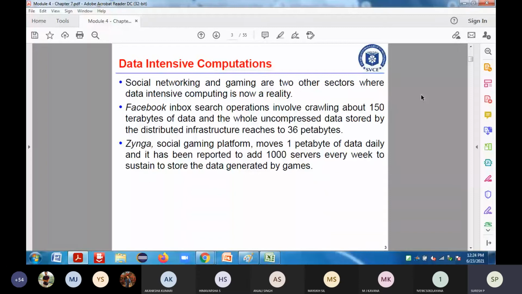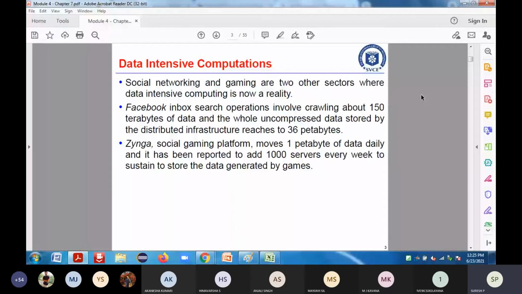Even 150 TB is not sufficient, because when you are doing computation, more and more data will be generated. For example, I repeat the same example again and again; I don't know whether you have remembered it or not.